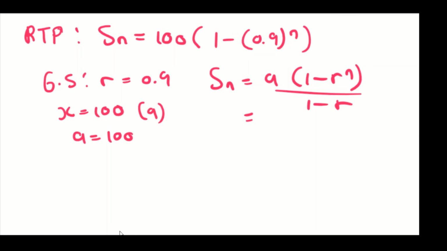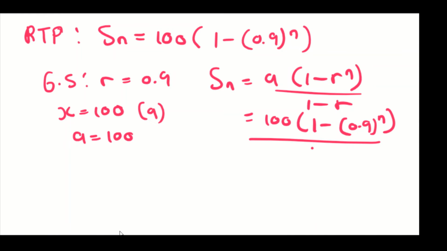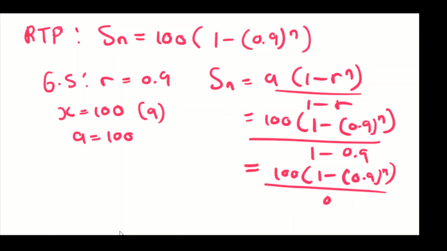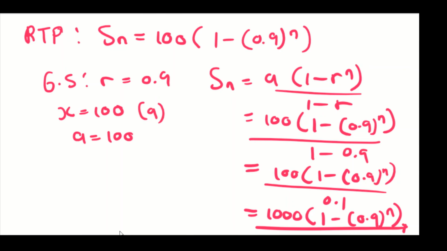So we can substitute that 100 into the equation. We have 100 into 1 minus 0.9 to the power of n divided by 1 minus 0.9. So you're going to get 100 into 1 minus 0.9 to the power of n divided by 0.1. If you divide 100 by 0.1, you're going to get 1000. So it's going to be 1000 into 1 minus 0.9 all to the power of n. So this is the sum of n terms.